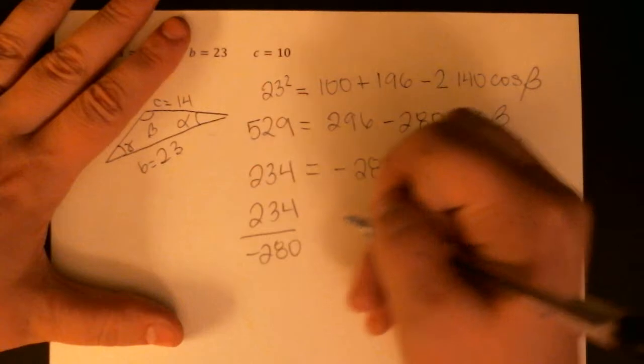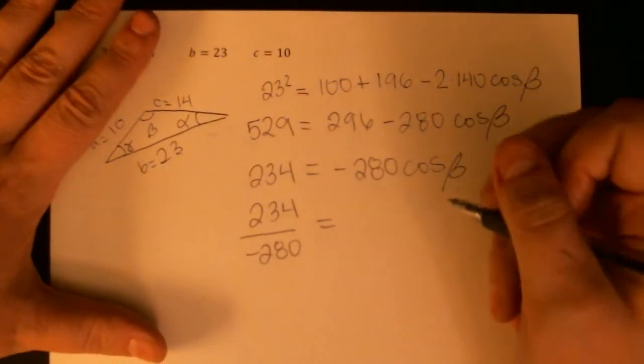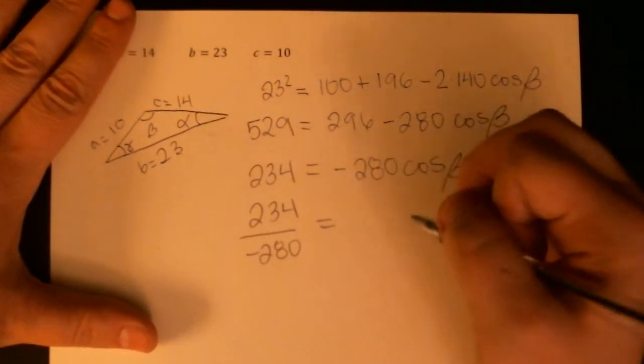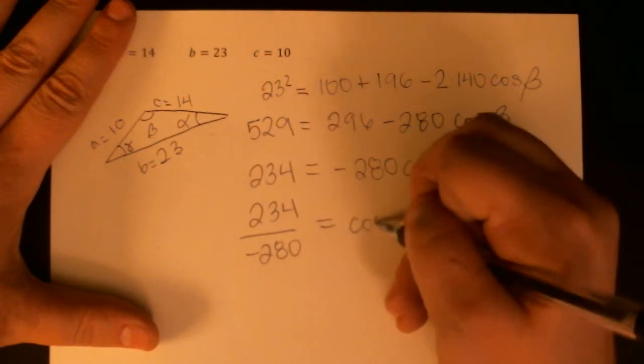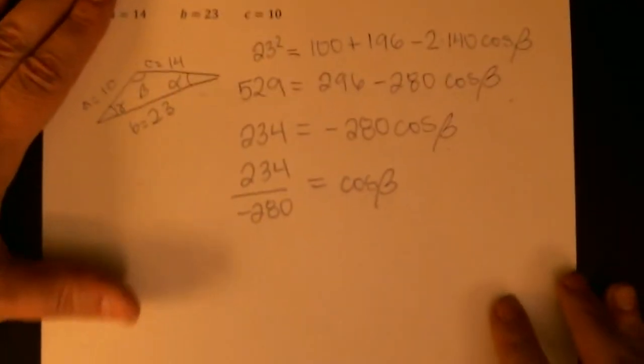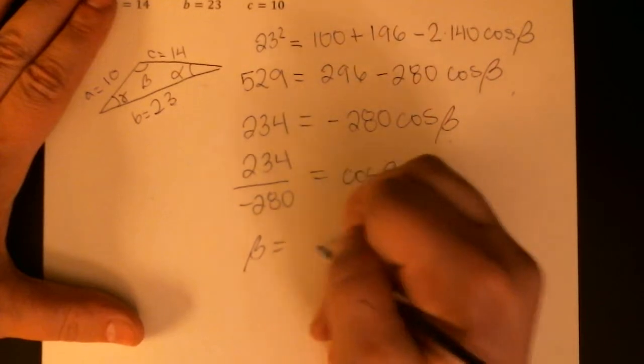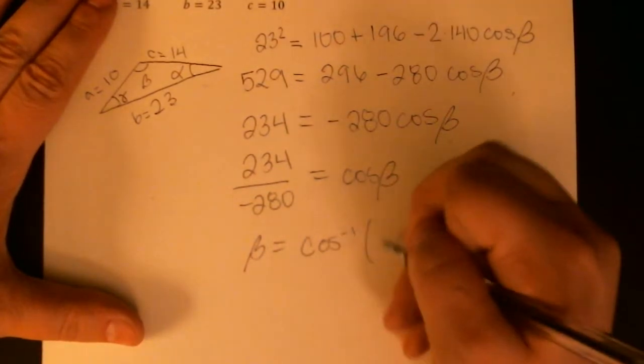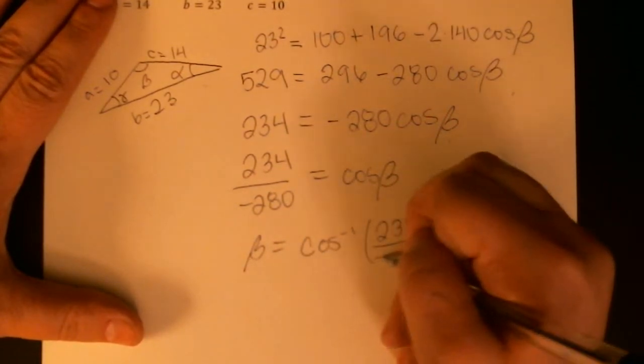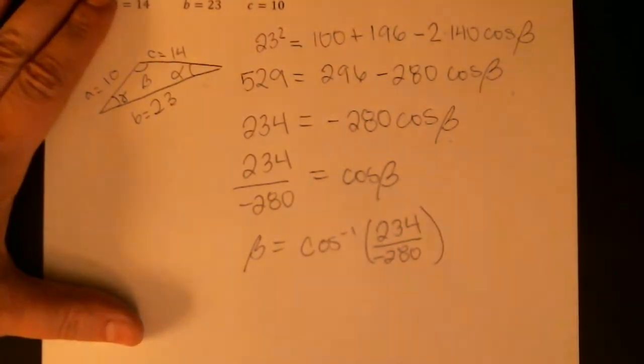You can reduce that a little, but we're actually just going to ask our calculator for an answer in a moment. I'm going to get that's equal to cosine beta, which means beta would be the inverse cosine of 234 over negative 280.